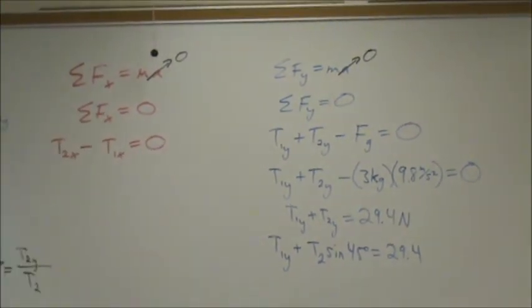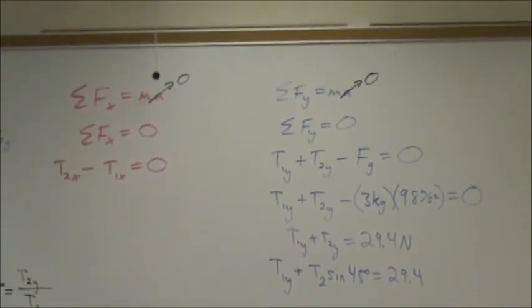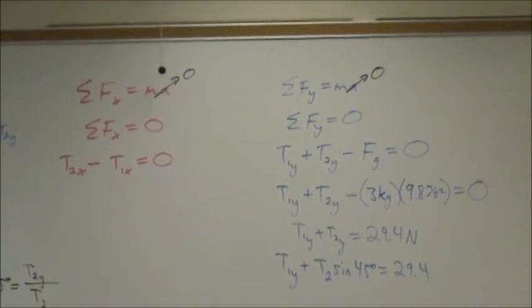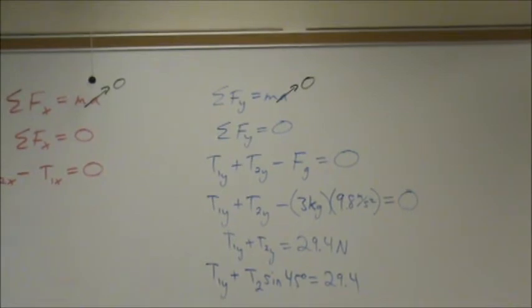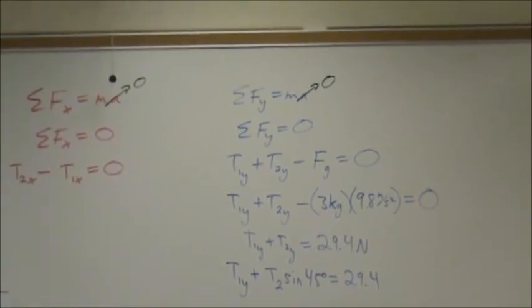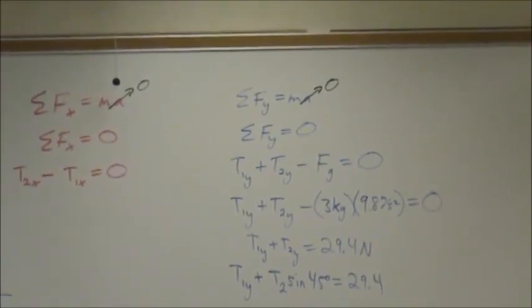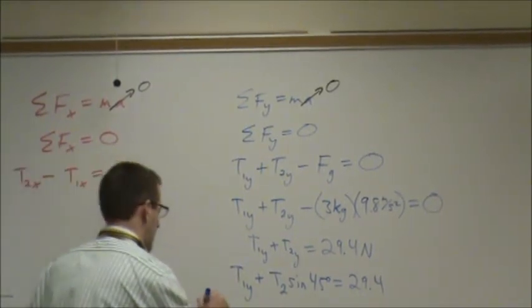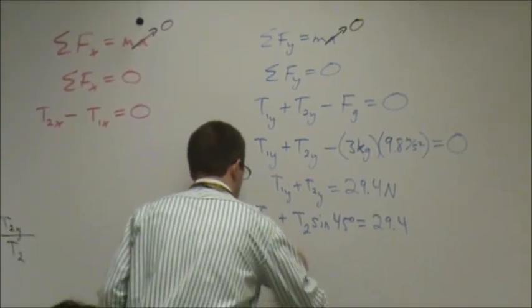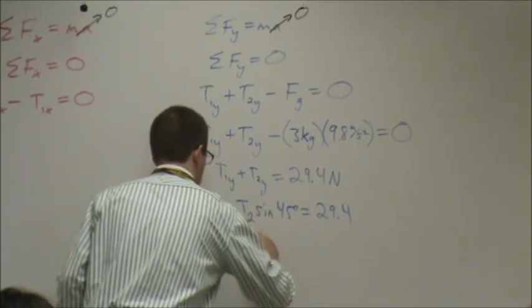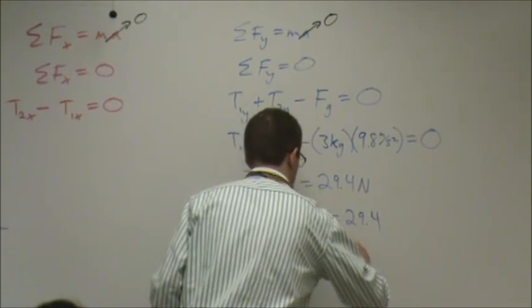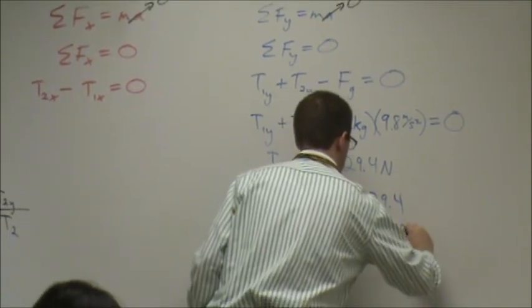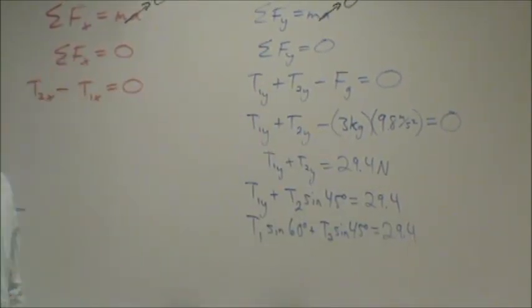Go. No, it's T2 sine 45. Yeah, you just took this and made it, so then T2y equals that.